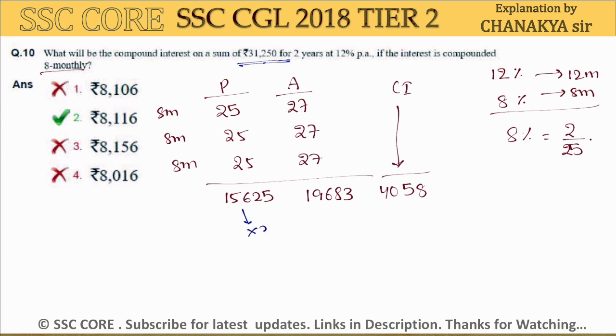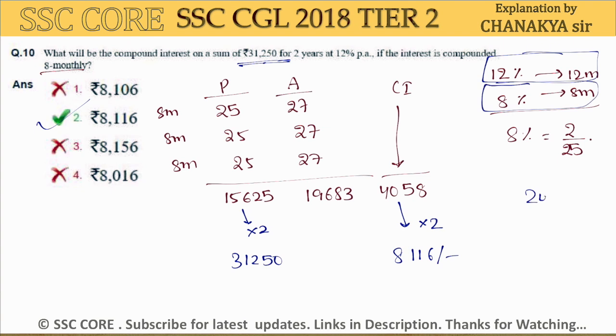Principal is into 2. 15625 into 2, 31250. So compound interest will be 4058 into 2, 8116 rupees is answer. Answer is option 2. Got it? For 12 months 12%, for 8 months 8%. 2 years there are 24 months, should go for 3 cycles, 8 months, 8 months, 8 months, total 24 months. Interest is 8116.